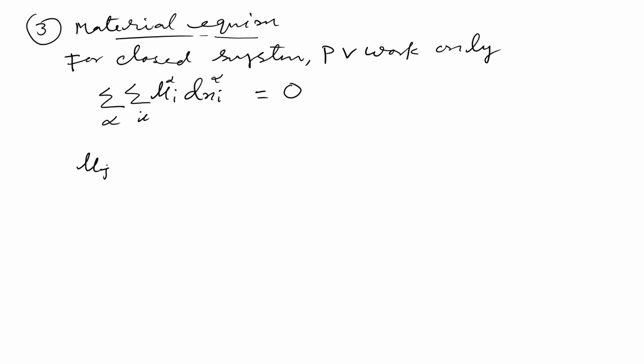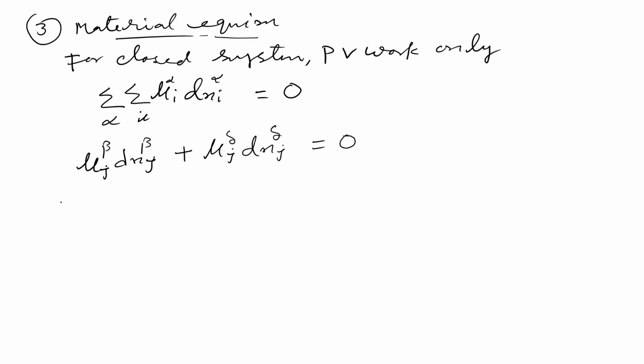We can write mu J beta phase dnJ beta plus mu J delta phase dnJ delta should be equal to 0 at equilibrium, right? From material equilibrium, from this equation I have written, for my case, this should be equal to 0 when the equilibrium is reached, right?